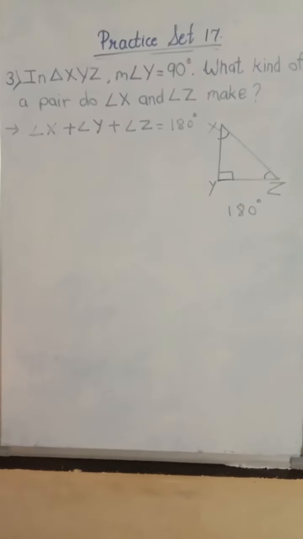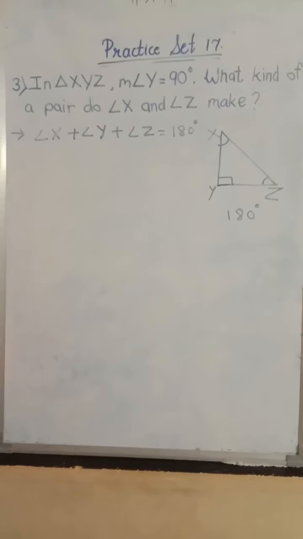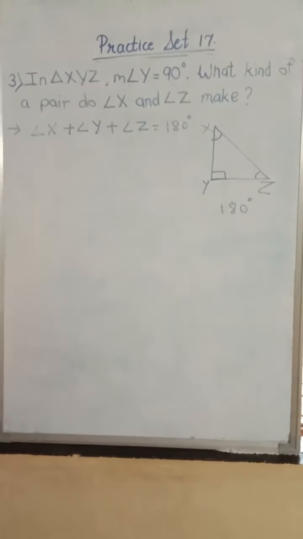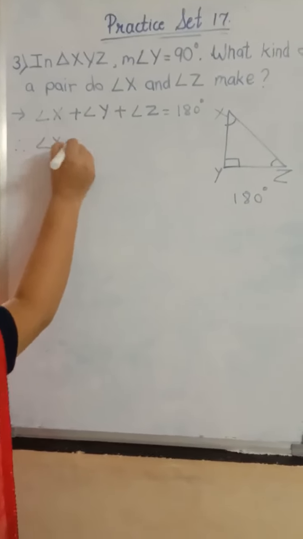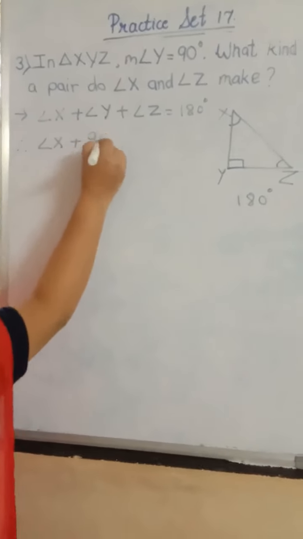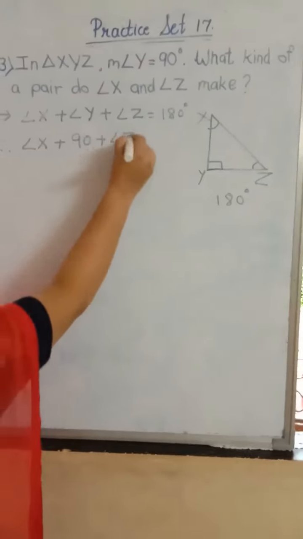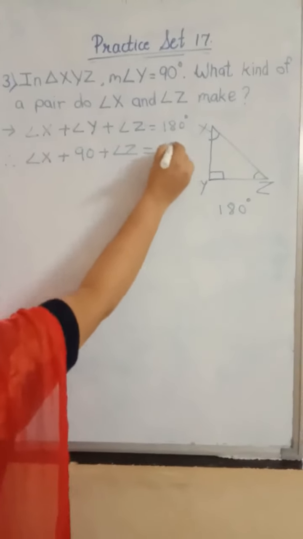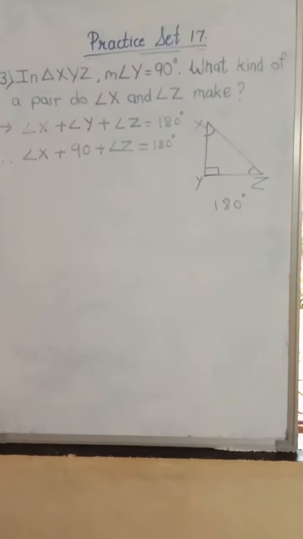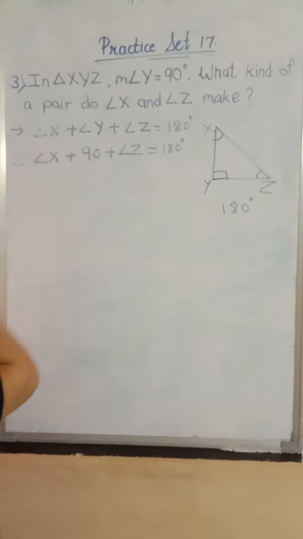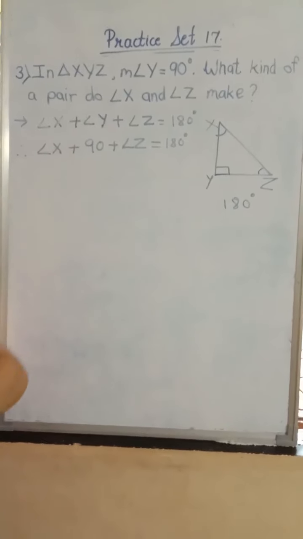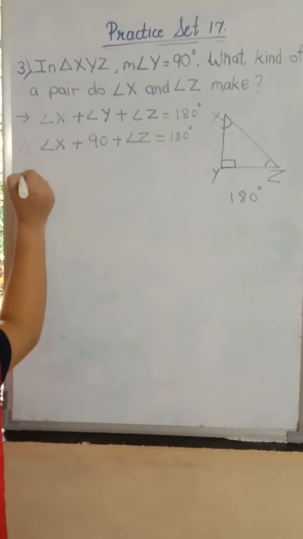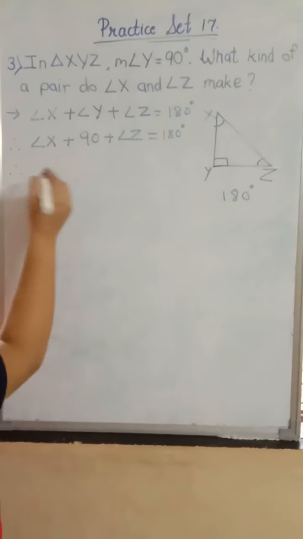Now we will substitute the value. X's value we don't know, Y's value we know. Yes, so X will keep as it is, angle X plus 90 we have, plus angle Z is equal to 180 degrees. Yeah, so we have to find X and Z's value, is it? So 90 we will remove here. How to remove? Opposite of positive 90 is negative 90.